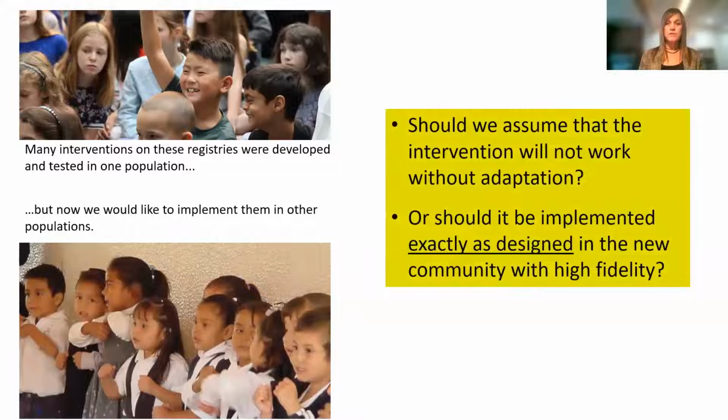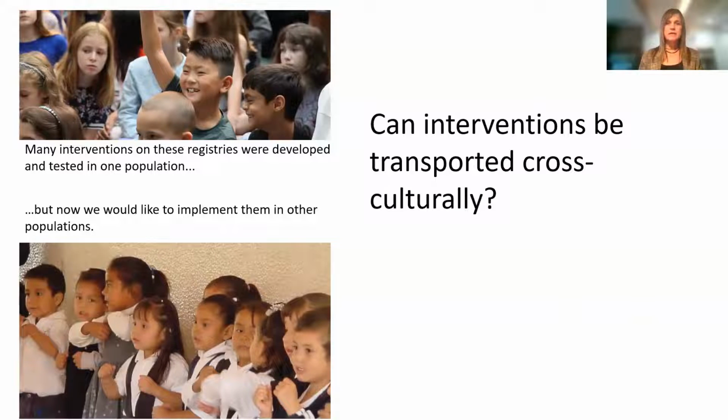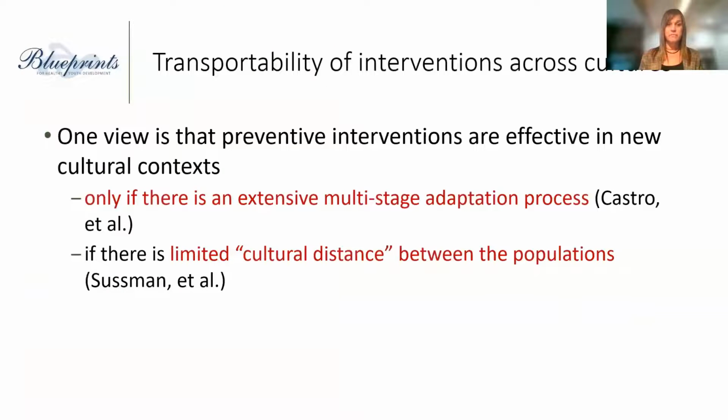Should we assume that intervention will not work without adaptation? Or should it be implemented exactly as designed in the new community with high fidelity? Can interventions be transported cross-culturally? There is a debate in the literature on this.